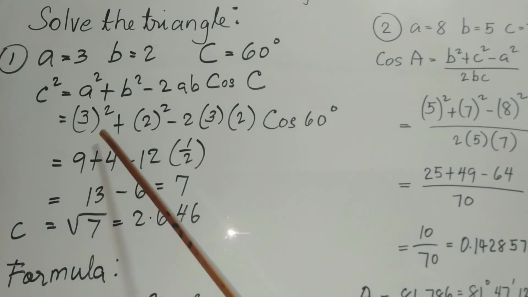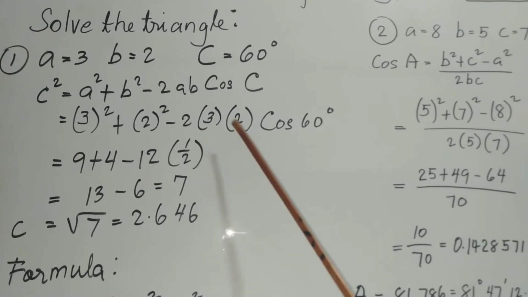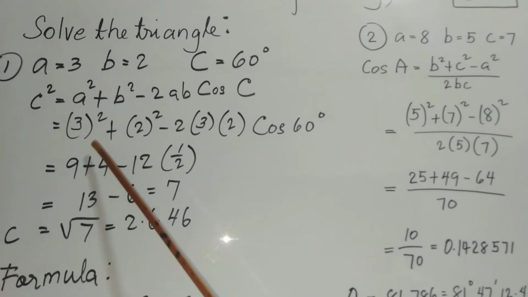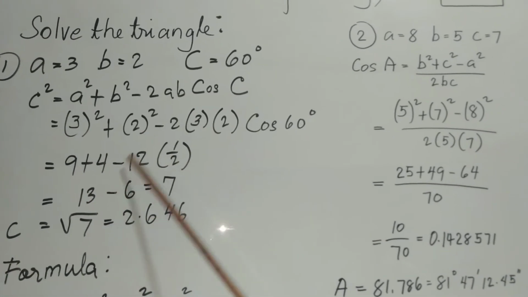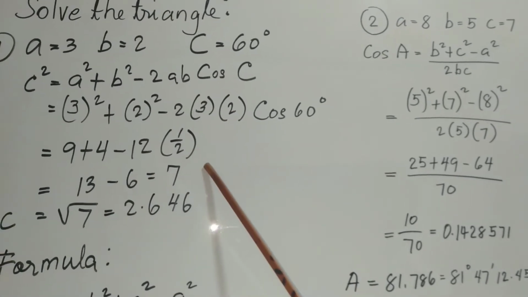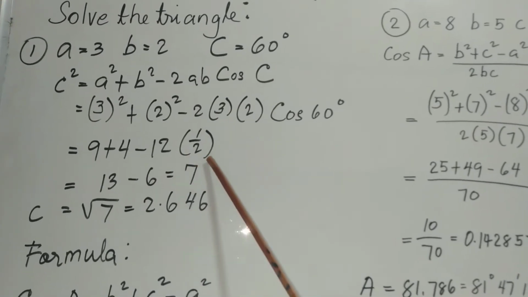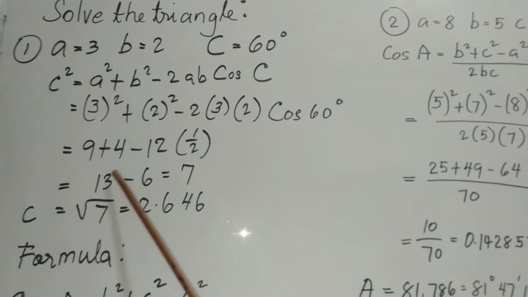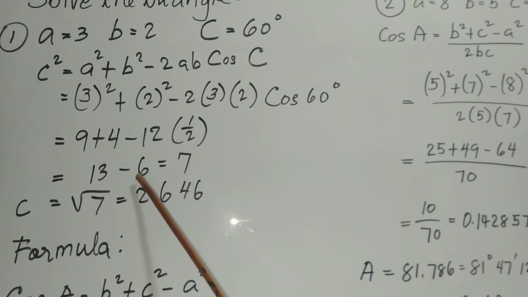A is 3 squared, B is 2 squared, minus 2AB cosine 60 degrees. So 3 squared is 9, 2 squared is 4, and 2 times 3 times 2 is 12. And cosine 60, we can use our calculator, and we're going to get 1/2 or 0.5. So 9 plus 4 is 13, minus 1/2 times 12, which is 6.